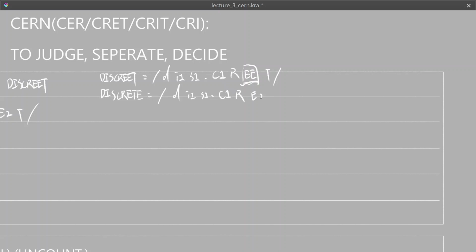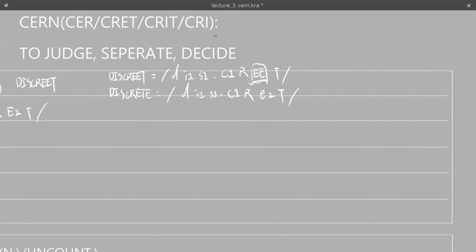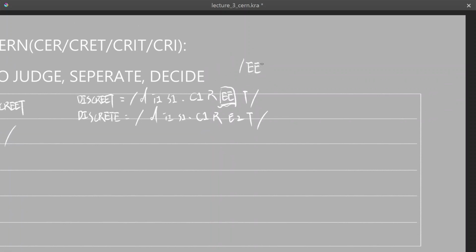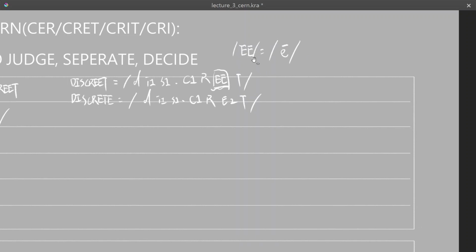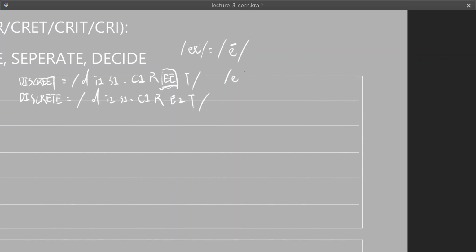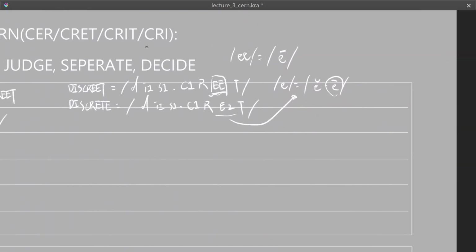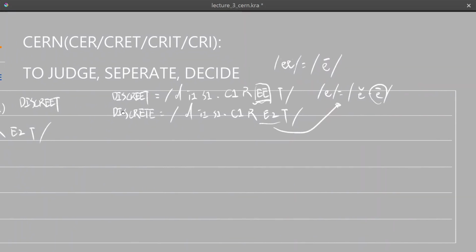Discrete is the second sound of that E. Discrete, not the double E. Double E is a phonogram that says E. And this one is E, the second sound of E. Okay, hope that helps you to differentiate the spelling of these two words.